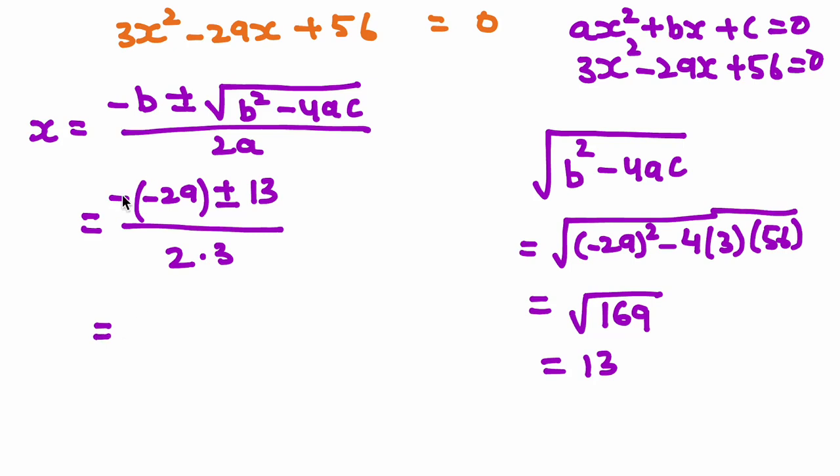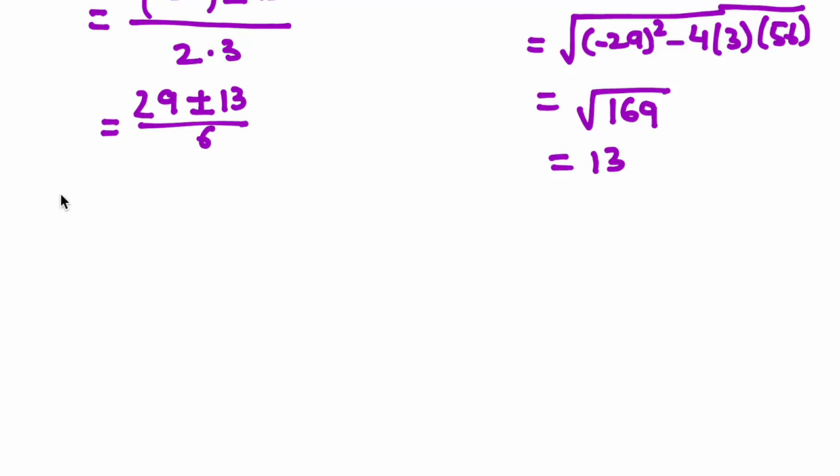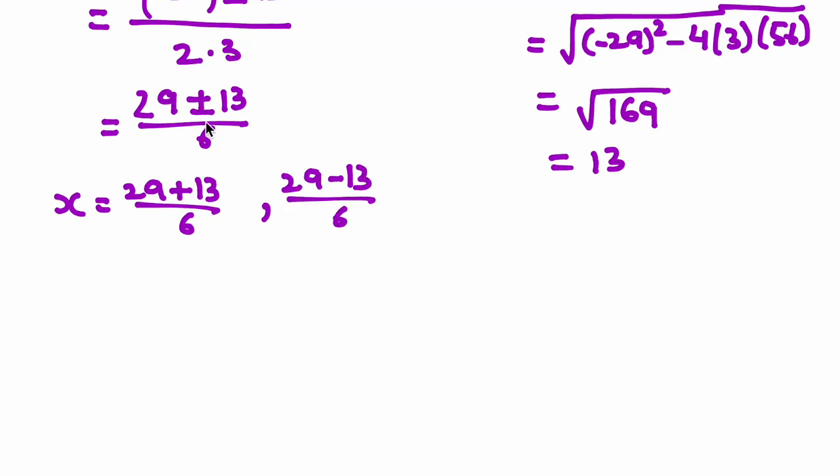So negative times negative is positive, 29 plus or minus 13 by 6. Now these are two values: x equals (29 + 13) by 6, and the other one is (29 - 13) by 6. Because there is a plus minus sign, there are two solutions.